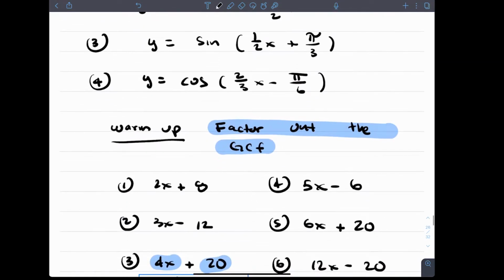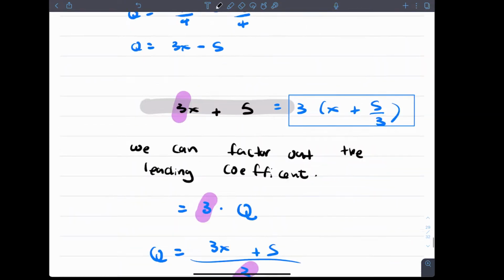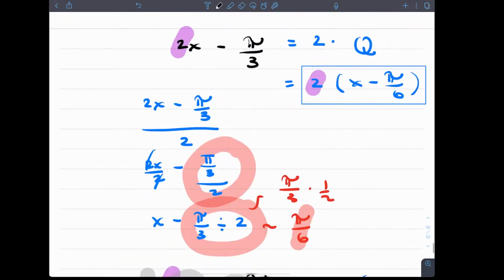Let's do 1/2 x plus pi over 3. Okay. Should I have you guys try this on your own? I'm going to have you guys try this. This one's an interesting one. Number 2, I'm going to give you another one.